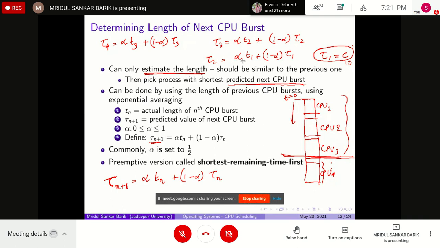So it would be alpha multiplied by 12 plus 1 minus alpha into 10. Then we'll get tau 2, and we'll place that value of tau 2 here, and we'll have the predicted value of tau 3 in terms of tau 2 and T2, and so on. In this way, we can predict the length of the next CPU burst.